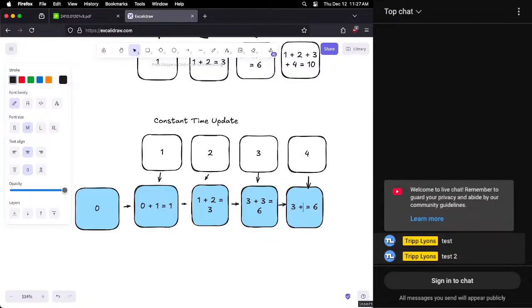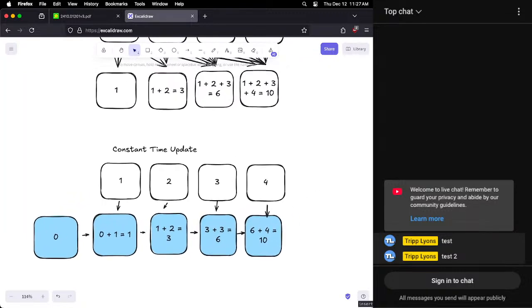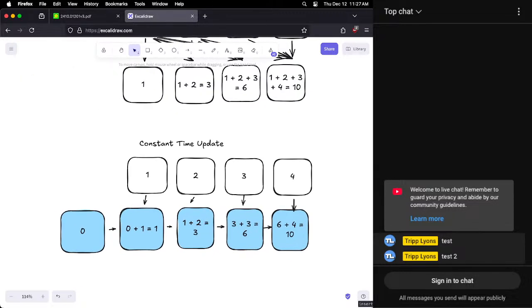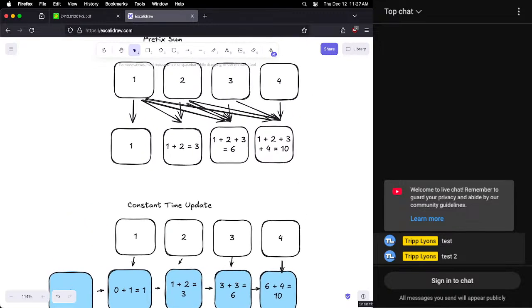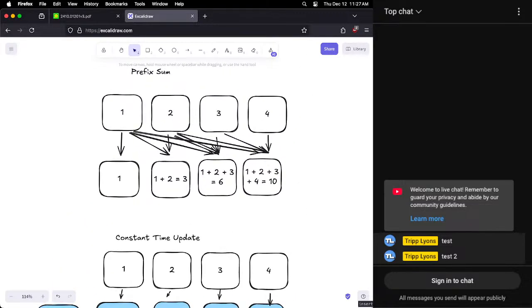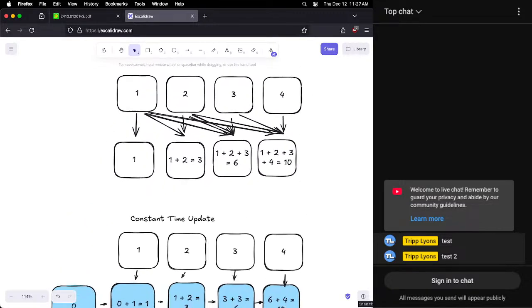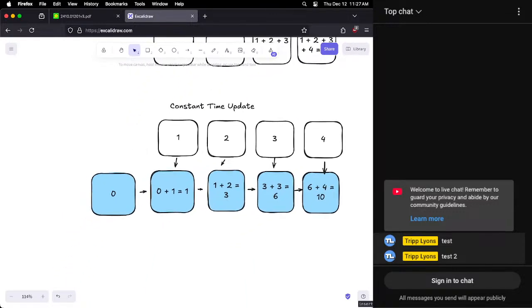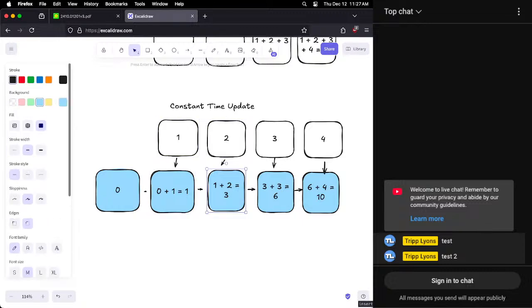So 6 plus 4 equals 10. So we end up getting the same result. We get 1, 3, 6, and 10. But instead of needing to have so many arrows here between all the numbers to add up all the inputs, we can instead just take in one number at a time and compute these along the way.